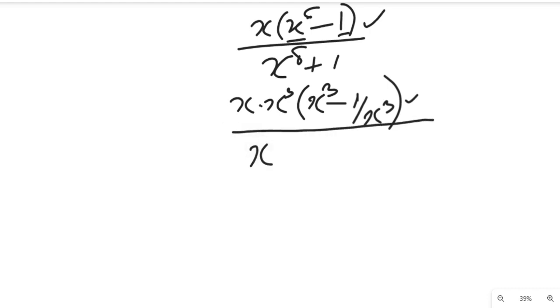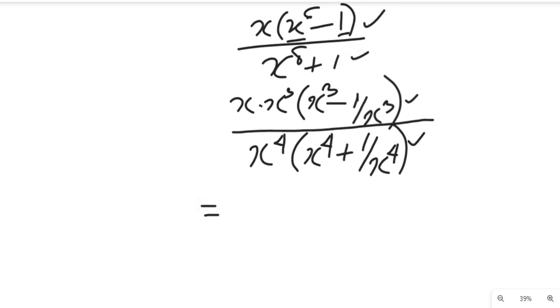Let's factor out x to the power of 4. If we factor out x to the power of 4, this other part will have x to the power of 4 plus 1 divided by x to the power of 4. So if you simplify this, you find out that you will get the same expression, which is this. So this will now be simplified to x to the power of 4, because x times x to the power of 3 is x to the power of 4.